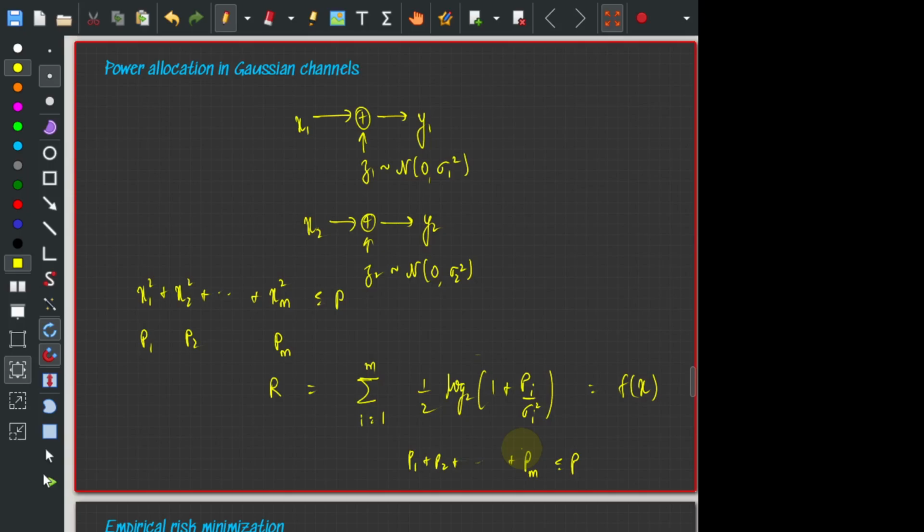This is one of the few problems for which you can actually obtain a closed form solution. If you've seen Lagrange multipliers before, you can solve this using Lagrange multipliers, and that is what you will do in the information theory course.